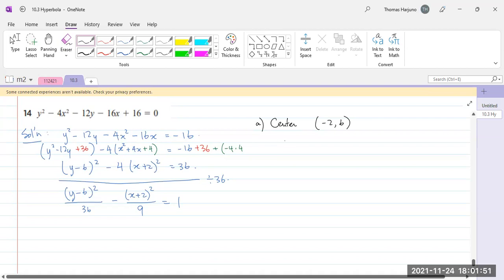Okay. And the axis is parallel to the y-axis. So negative 2, 6, parallel to the y-axis, right? That hyperbola is an up-down hyperbola, the top branch and bottom branch. The vertices are 6 units from center, square root of 36.